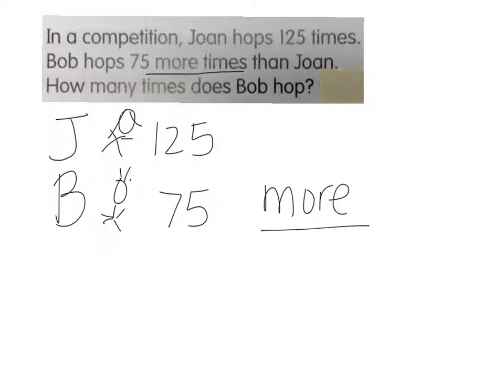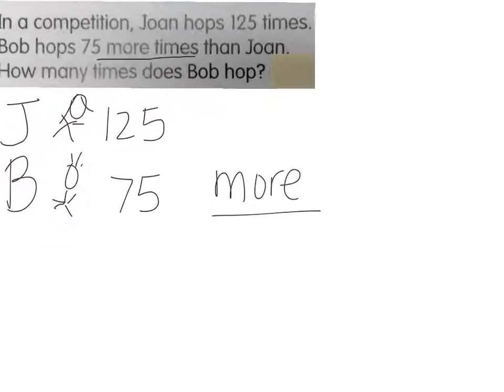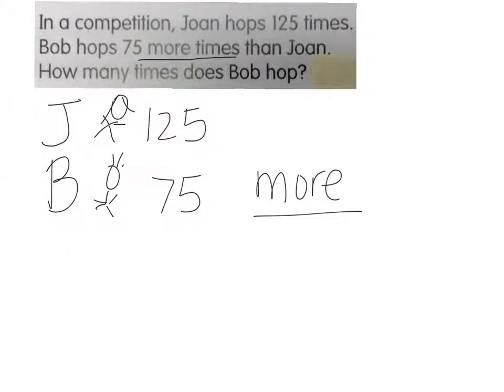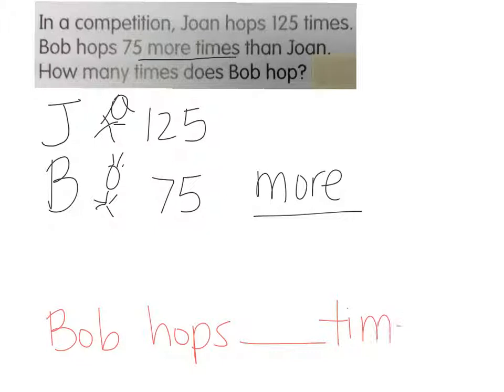What's the question asking us to do? How many times Bob hops? Oh, okay. So can we say Bob hops times? Yes, because they're asking us for how many times does Bob hop. Do you guys agree? Yes.